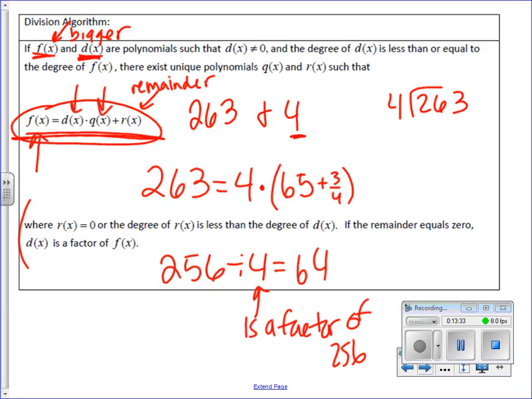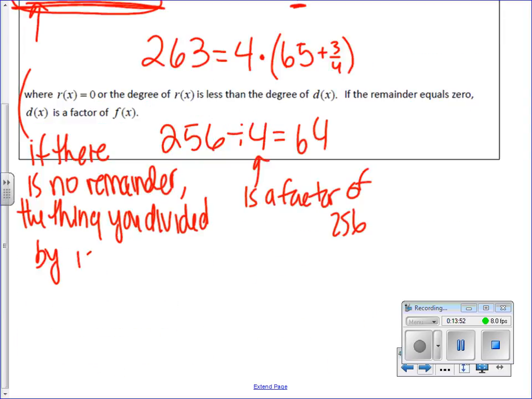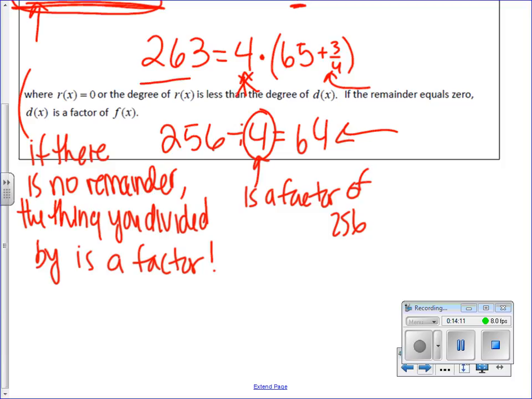Basically all this fancy stuff is saying that if there is no remainder, then the thing you divided by is a factor. Because there was no remainder here, it was just 64, that means that 4 is a factor of 256. But here, since there was a remainder, that means 4 is not a factor of 263.